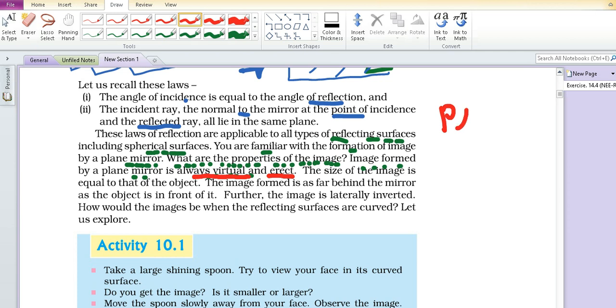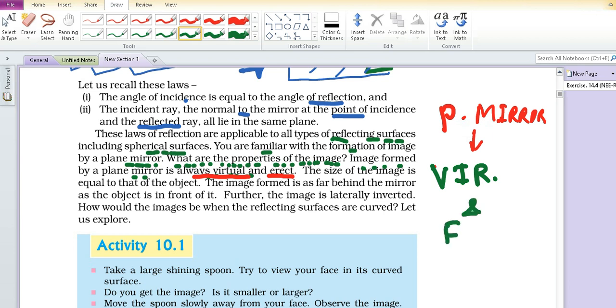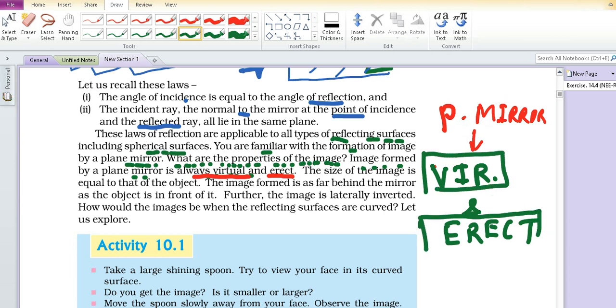So plane mirror में क्या होता है? Plane mirror virtual and erect. So virtual means not real and erect, that is straight.